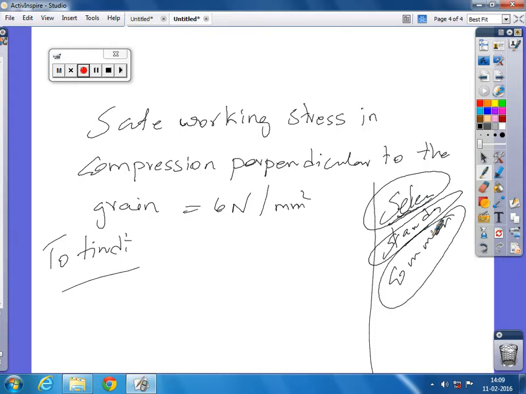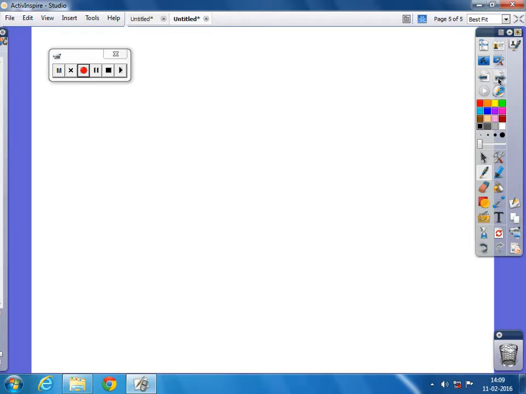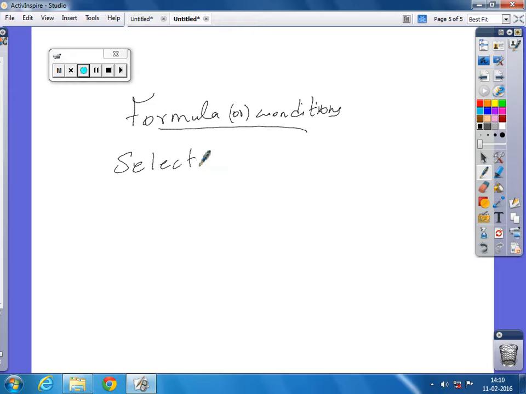There is a formula to find out the safe working stress for selected grade as well as common grade. You finish writing to find? We'll go to the next page. Formula, or you can say conditions, for selected grade and common grade.